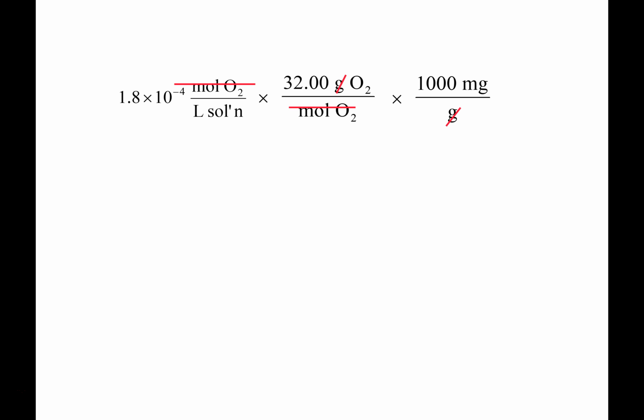Part of the deal is you had to remember that milligrams per liter for aqueous solutions is the same thing as parts per million. All right, rounded to 2 sig figs, because that's what I have in the first term, I get 5.7 milligrams of O2 per liter of solution, which is approximately 5.7 parts per million.